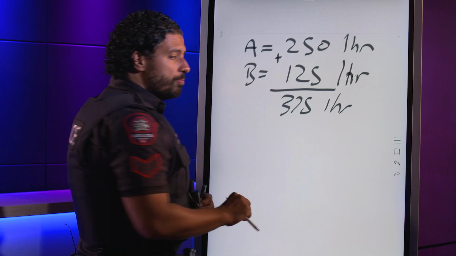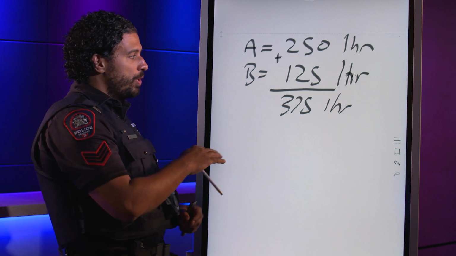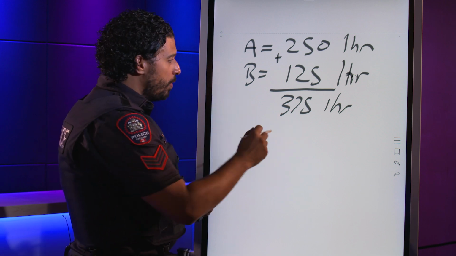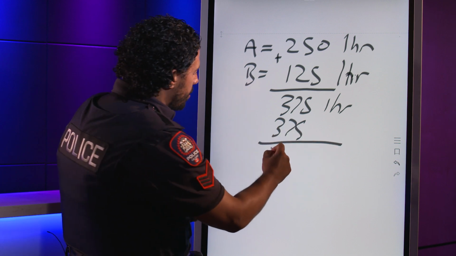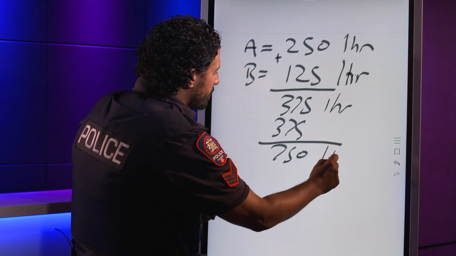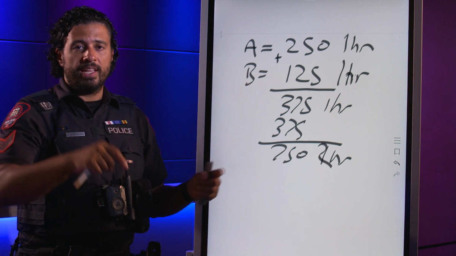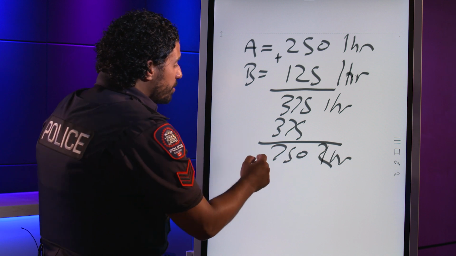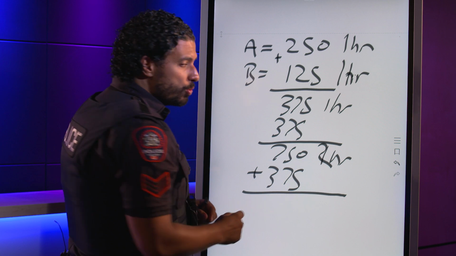Now this is where you could use multiple choice to your advantage. If I was to do 2 hours, we know right now that in 1 hour we produce 375 sausages. If I did it in 2 hours, that means we have 750 sausages per 2 hours, which is already telling me that B is no longer correct, A is not correct, and that leaves C, D, and E. So if I was to add another hour, plus 375, how much would that give me?